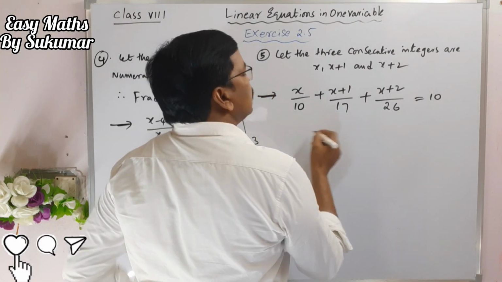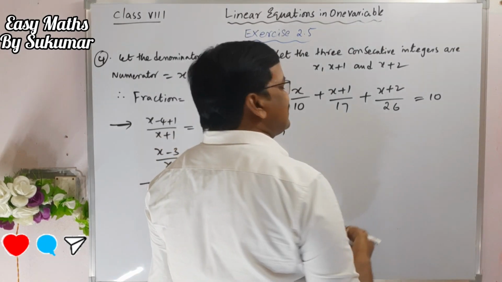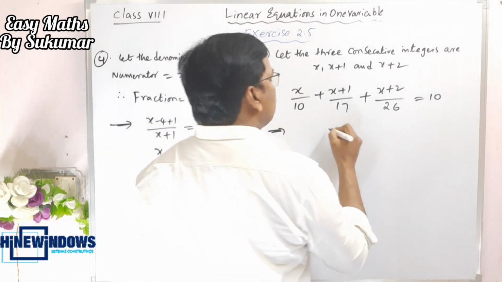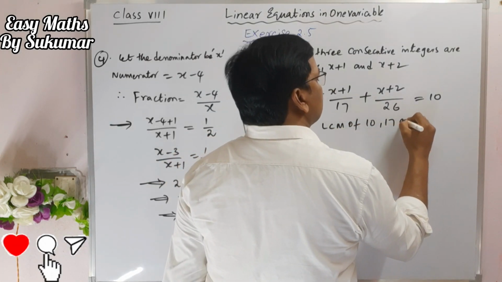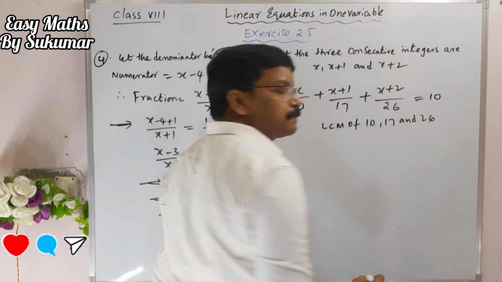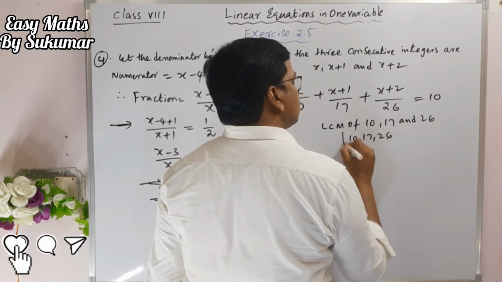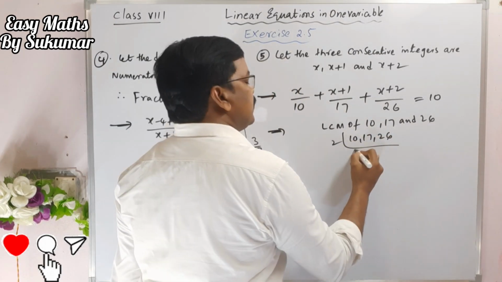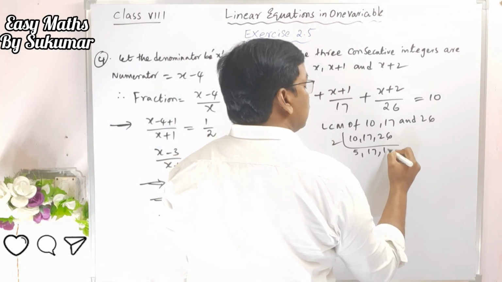So here we have to find the LCM first. The LCM of 10, 17 and 26. Just take 10, 17 and 26. 10 is 2 times 5, 17 is a prime number, and 26 is 2 times 13.